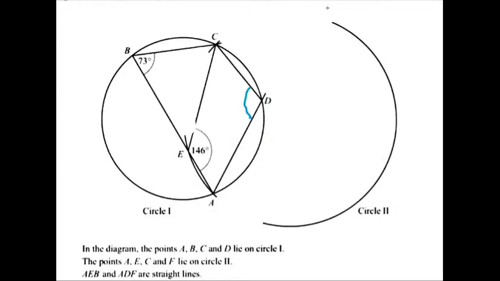Look, the thing is that A is touching the circle 1. Yes, you're certainly correct. E is not touching the circle. But what do we have? We have to think about A, B, C, D. A, B, C, D is a cyclic quadrilateral.